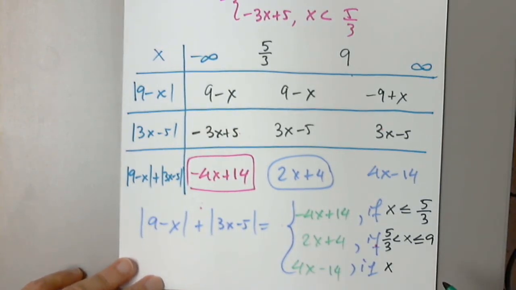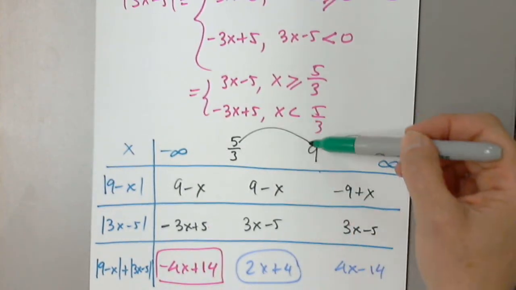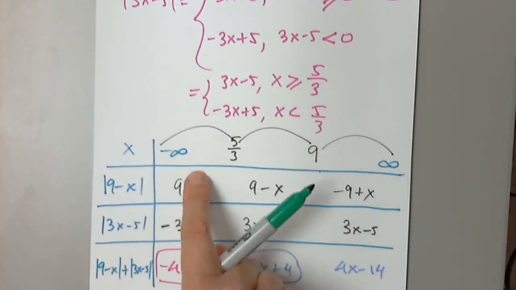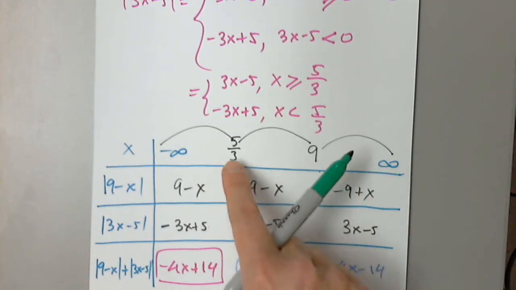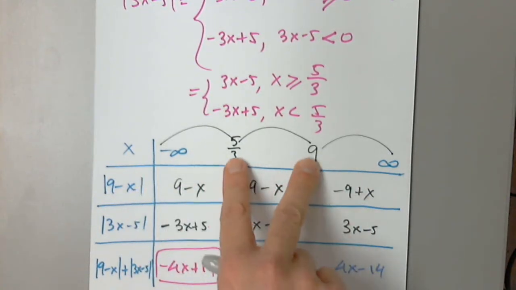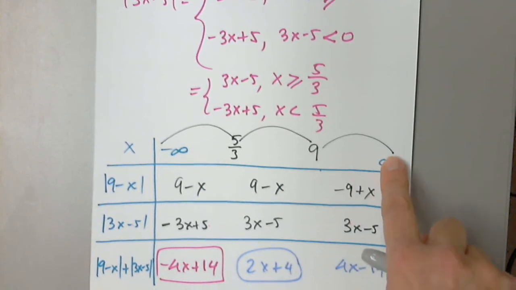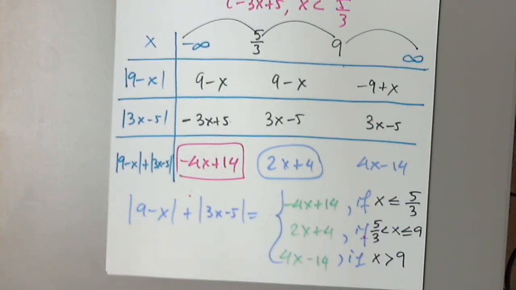And then this must be greater than 9. So you understand this is where they come from, right? This, and this. To the left-hand side of 5/3, in between 5/3 and 9, and to the right-hand side of 9. Is this clear? Any questions?